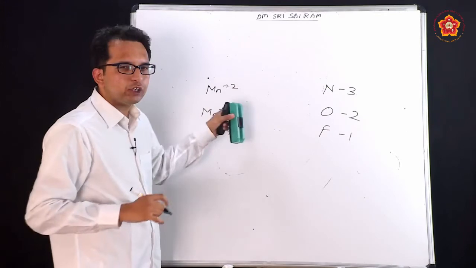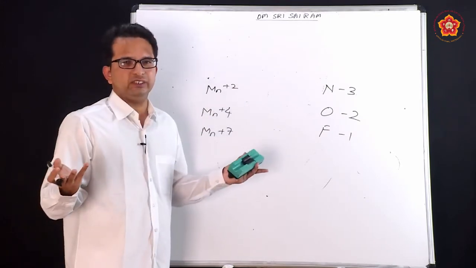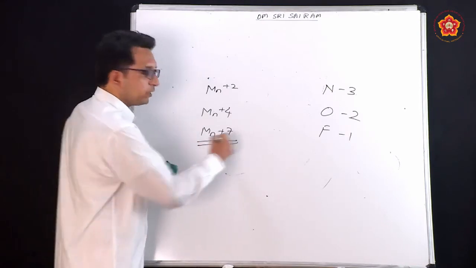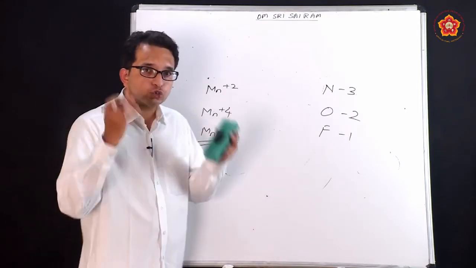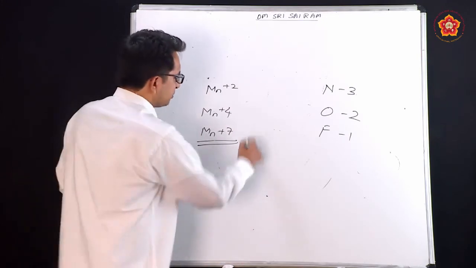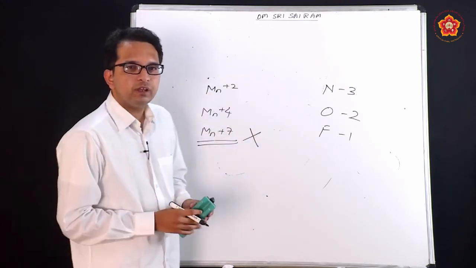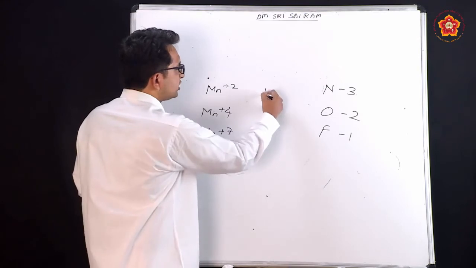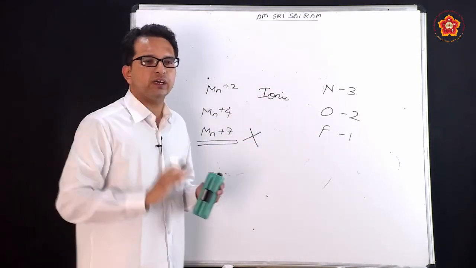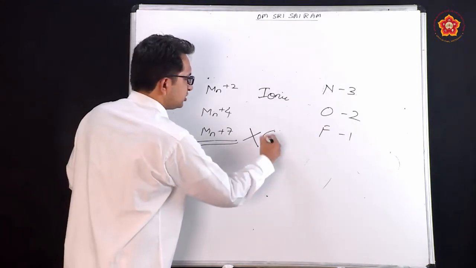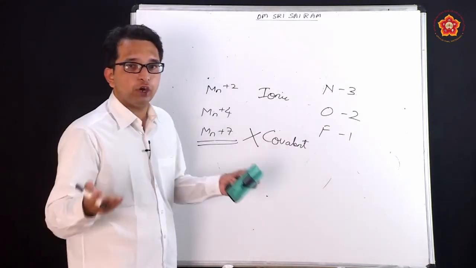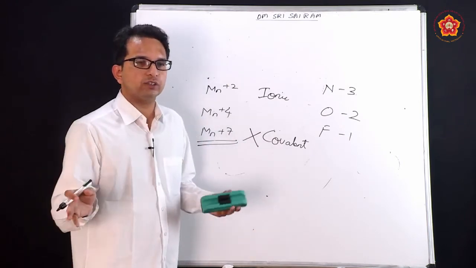When it is just about removing 2 electrons, it is quite easy, you can put some energy and remove. But what does Mn plus 7 mean? You have to put so much energy to remove all the 7 electrons, which is practically not possible. So therefore, the smaller oxidation states would love to have ionic bonding because they are okay with giving away electrons, whereas larger oxidation states would rather prefer covalent bonding, which is sharing of electrons.